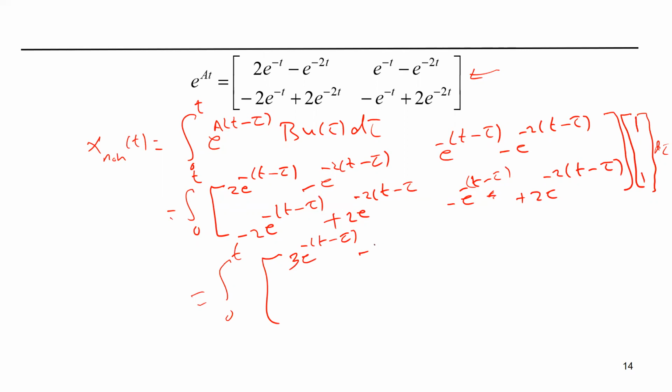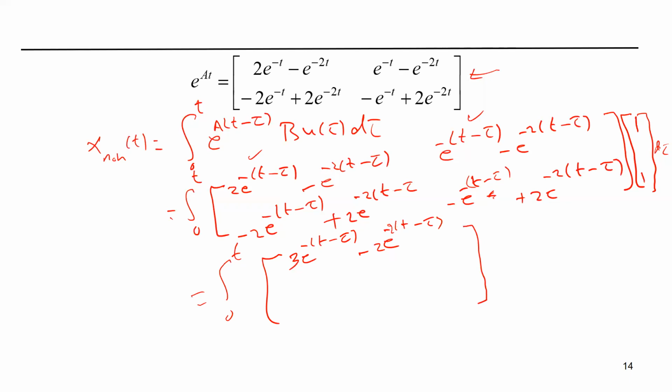Add this term to this term: this is 2 and this is 1, so this is 3. And now I have minus 1 and minus 1, this is minus 2, e to the power minus 2(t minus tau). Look at the power, yes, the power of minus 2.